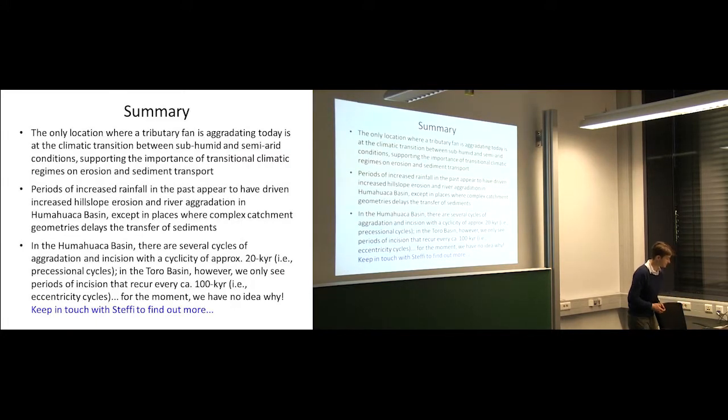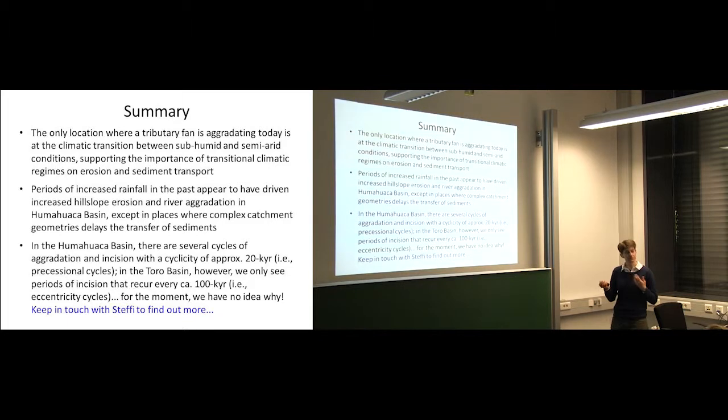Okay, so just to summarize, in terms of our modern aggradation, the only location where the tributary fan is aggrading is at this climatic transition between subhumid and semi-arid conditions, supporting the importance of some transitional climate regime on erosion and sediment transport. So that's what we use to think about what's then happening in the past. Are these transitional climates also important?